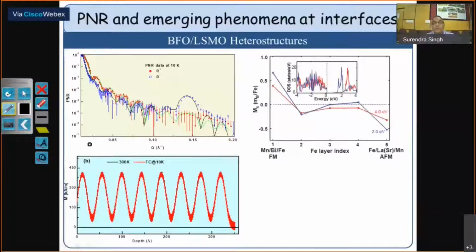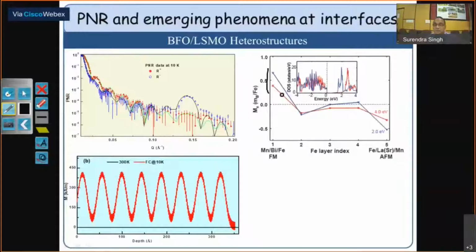We modeled this data with different models, like assuming that in the BFO the whole 5 unit cell thick layer is magnetic, in this multilayer. And what we found here is, in this plot, the x-axis shows the iron layer, and this shows the interface region.